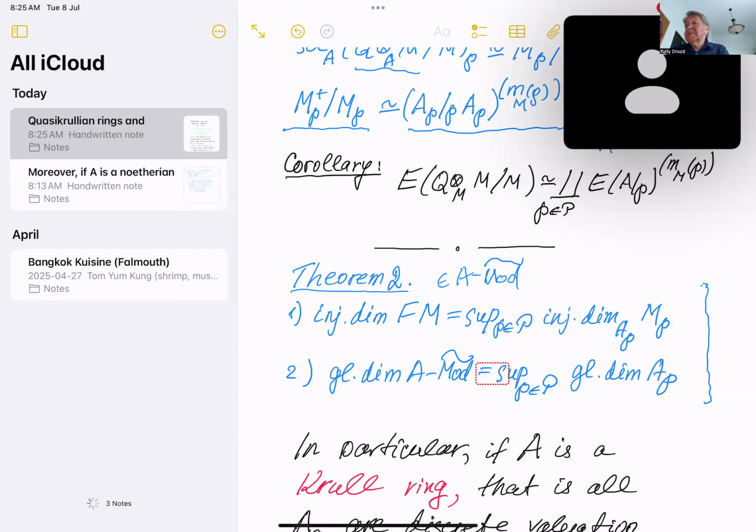You see, there are examples of Noetherian rings, even Noetherian rings of... Yeah, okay. You are quite right, yes.